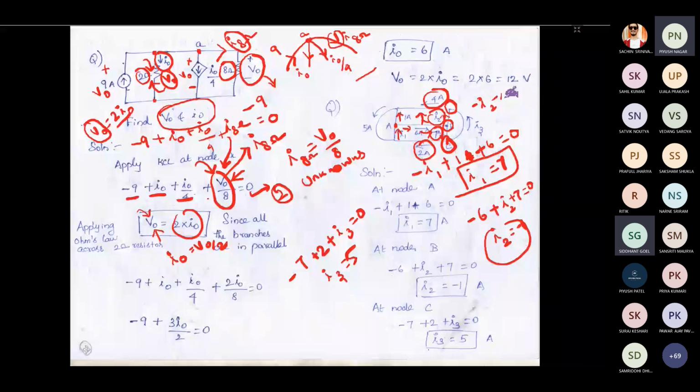Already we know I2 is nothing but minus 1. So you substitute minus 1 for I2, and minus I3 plus 4 is equal to 0. If you rearrange and solve this equation, you will get I3 as 5 ampere. This is the same as what we found just before. So the final answer will be the same, but you can take it in any way.